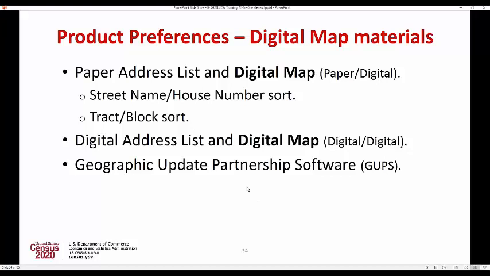And this pretty much goes through each type of product preference. And if you are having difficulty figuring out which type of product you need, give us a call, and we'll try to walk you through what would be best for you.